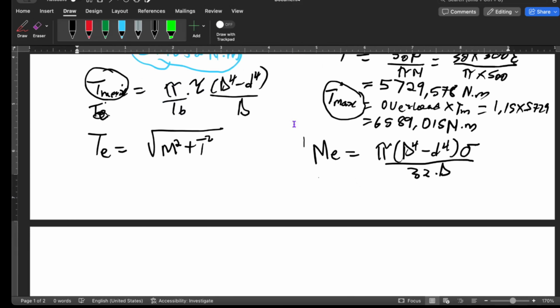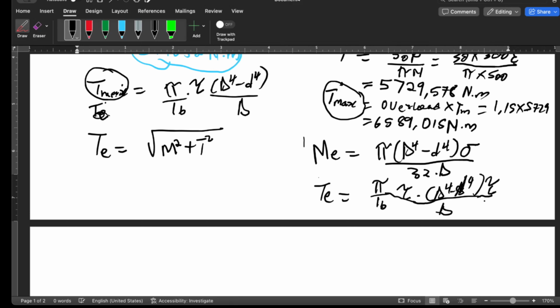The other formula will be TE is equal to pi over 16 times shear stress times D to the power 4 minus d to the power 4 all over D times shear stress.